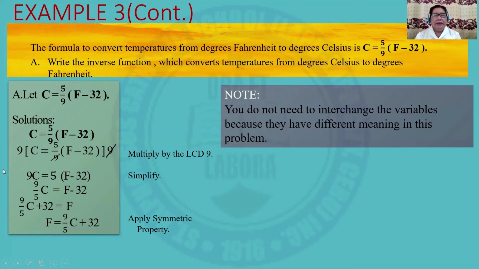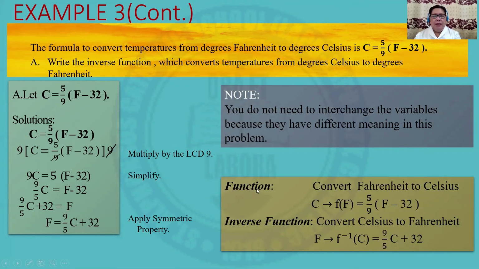Take note, you do not need to interchange the variables because they have different meanings in this problem. Anyway, we have established already the formula for the Fahrenheit in example number 2 using the inverse functions process. In this problem, the given function is to convert Fahrenheit to Celsius.